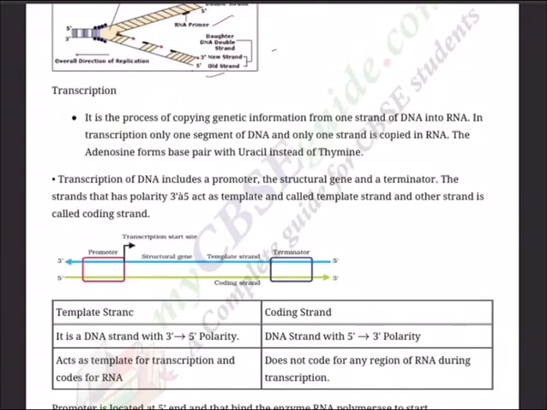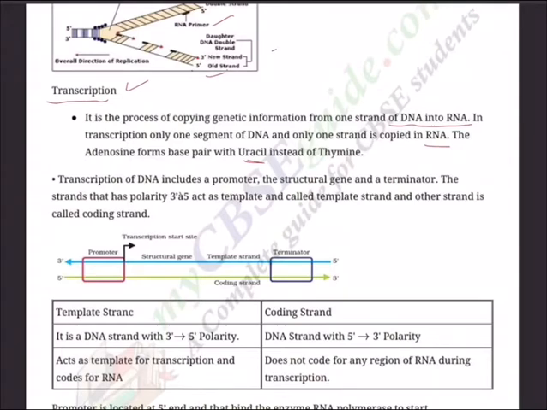Okay. So, moving ahead, we're going to talk today about transcription. What is that? It is the process of copying genetic information from one strand of DNA into RNA. This is an important thing. In transcription, only one segment of DNA and only one strand is copied into RNA. Adenosine forms base pair with uracil instead of thymine.